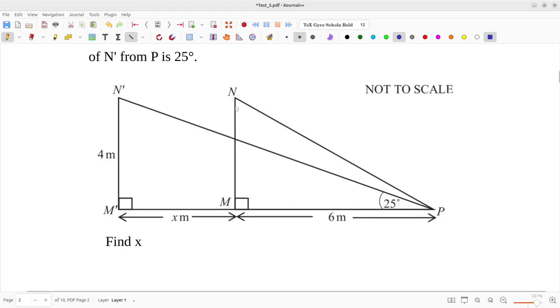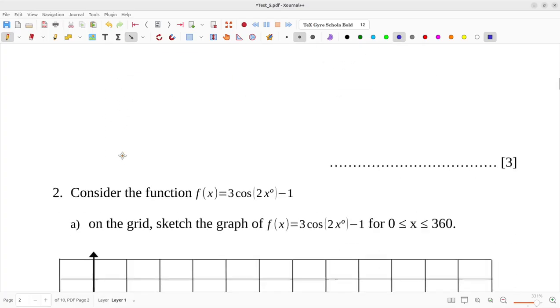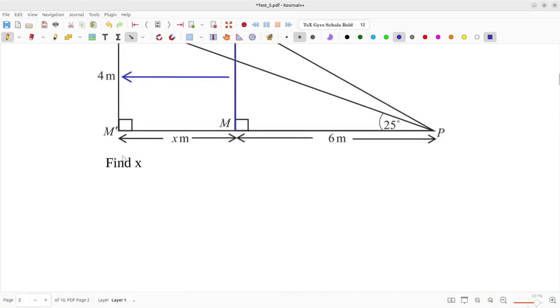So what actually happened here, we moved this point here to this new position there, and then we have a new triangle, which is P N prime M prime, with 4, x plus 6 and P N prime. What are we required to find? We are required to find x.